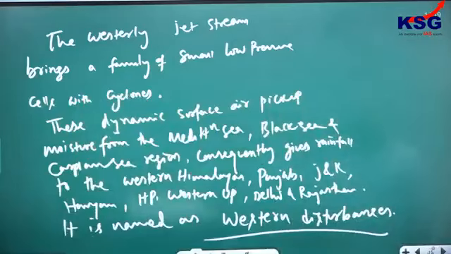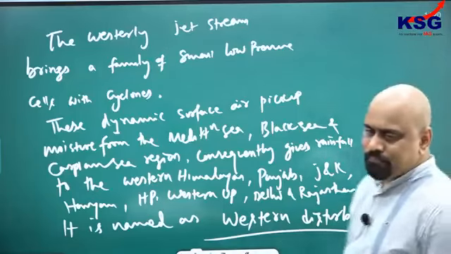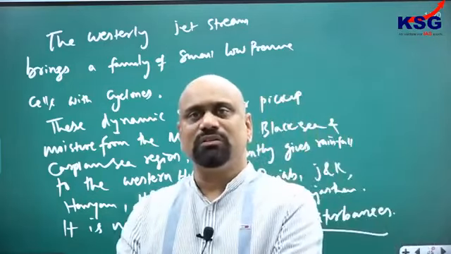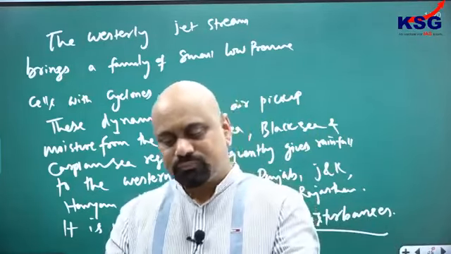Again I am saying, these dynamic surface circulations pick up moisture from the Mediterranean Sea, Black Sea, Caspian Sea region. Consequently gives rainfall to the western Himalayas, Punjab, Jammu and Kashmir, Haryana, Himachal Pradesh, Western UP, Delhi, Rajasthan. This is called as the western disturbances. Okay? So western disturbances is due to this. So this jet stream theory, you got it?